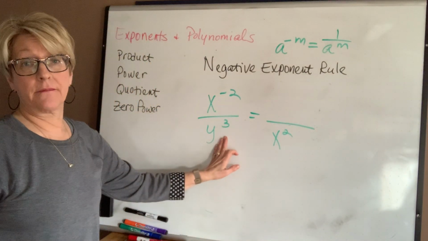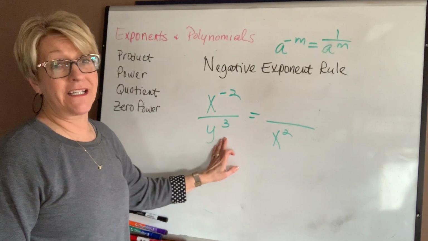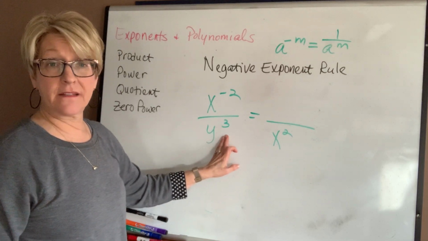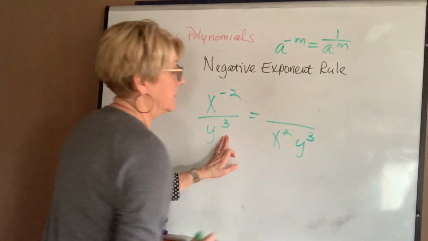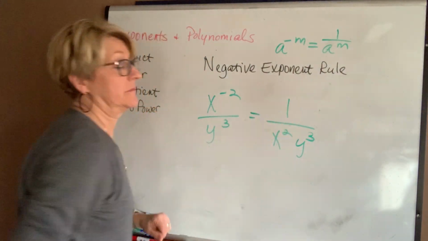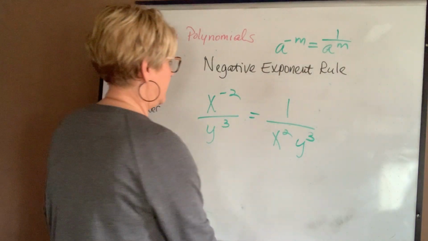But notice, this does not start out negative. So it doesn't move, okay? It's going to stay right in the denominator because the exponent is already positive. So what goes up here? Let's change it around.